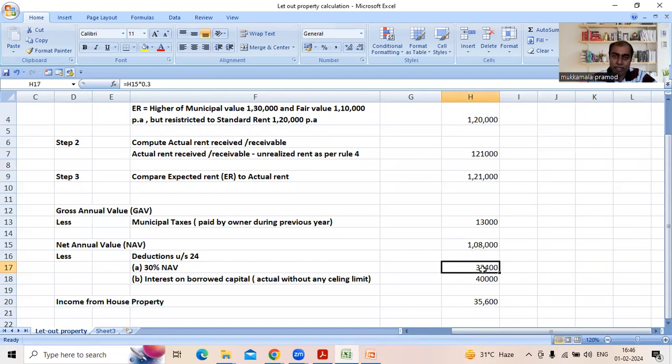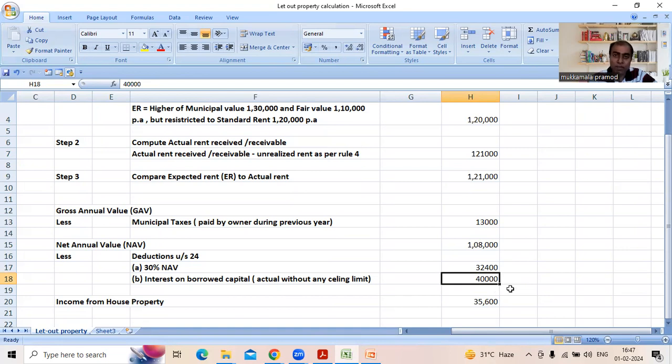And in case the taxpayer is following the old tax regime, that means the optional tax regime, whatever we call, then there is 30% standard flat deduction on the net annual value. So I calculated 30% on 1,08,000, that is coming to 32,400. And as I told in the example, there is a borrowed capital for which the interest paid is 40,000 on the annual basis.